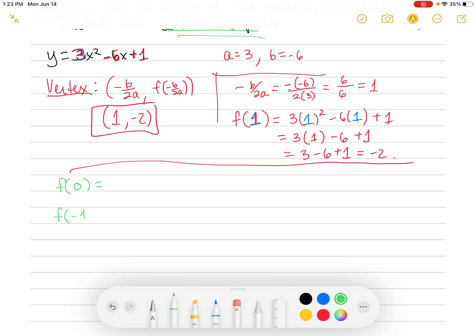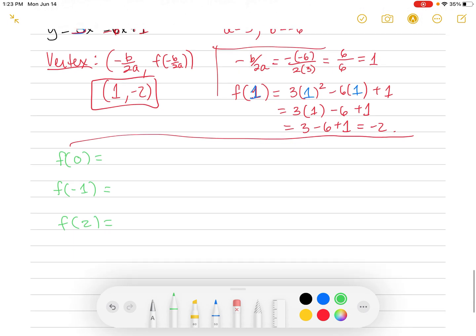Let's look at f of 0, f of negative 1, f of 2, and f of 3. They're all really close to 1 as an x value. So we're doing x is 0, x is negative 1, x is 2, and x is 3.